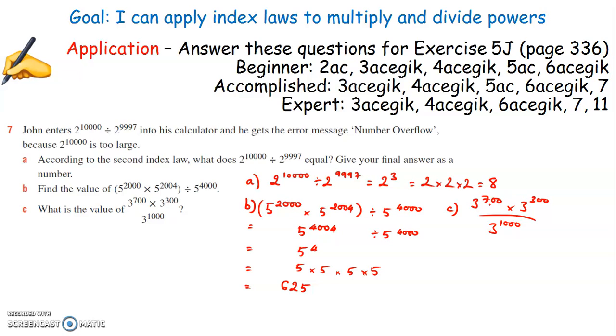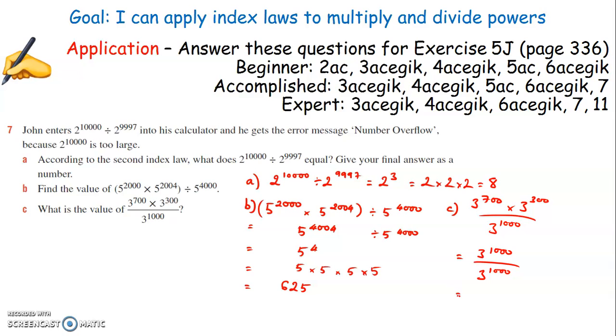We need to do the top first, so we multiply them together. So we keep the base, which is 3, and we add the powers since it's a multiplication. 700 plus 300 would give us 1000, and divided by 3 to the power of 1000.